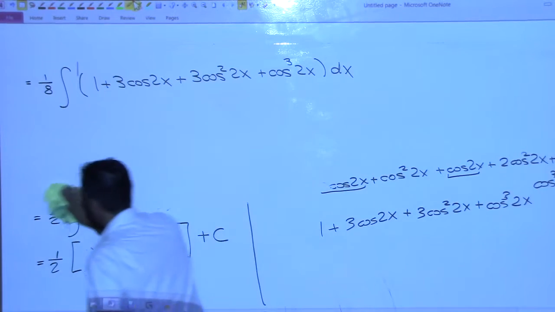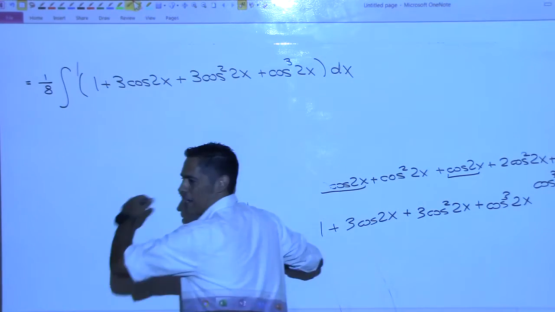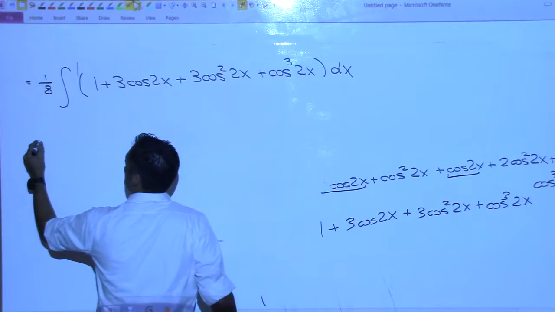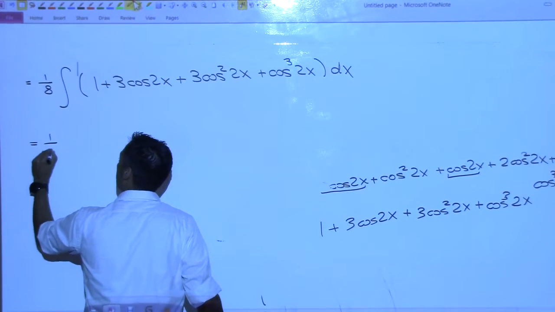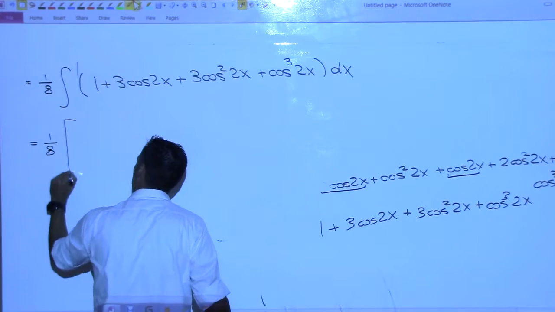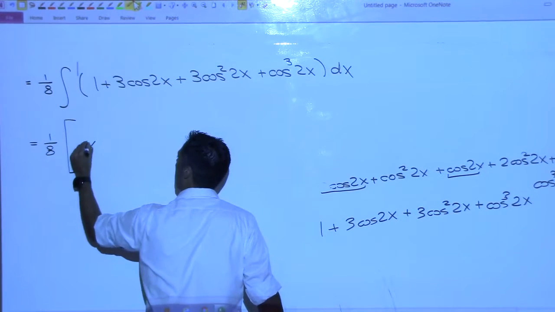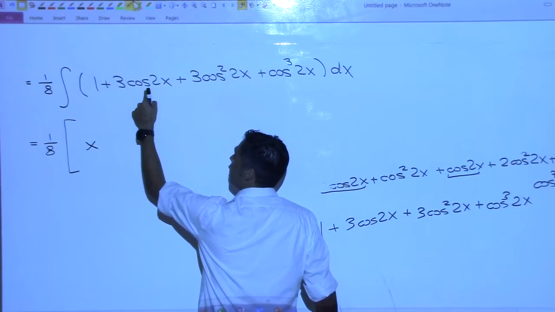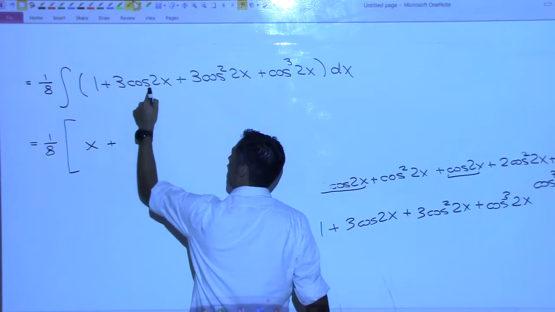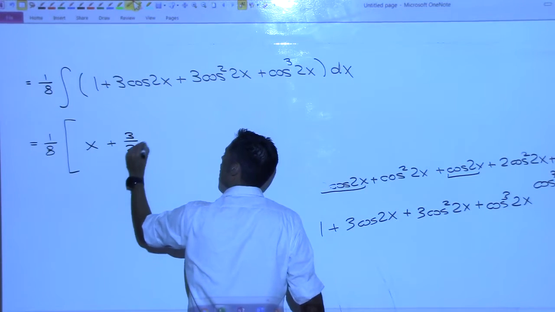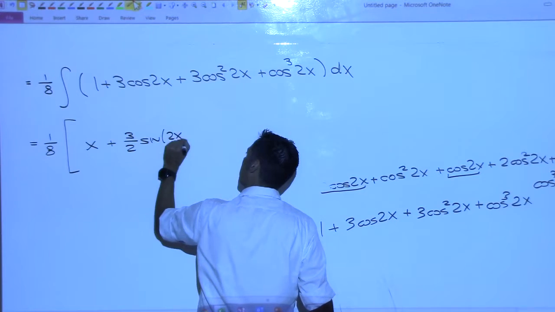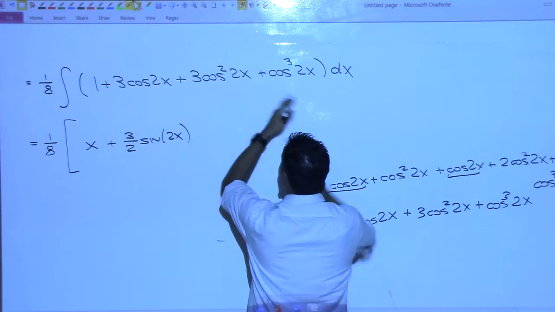All right, let's keep going. I think we had pi x's in there. Now 1/8, I'm going to keep that 1/8 out here. Antiderivative of this is x. Antiderivative of this will be 3 over 2 sine 2x, right? And then from here on, I've got work to do.